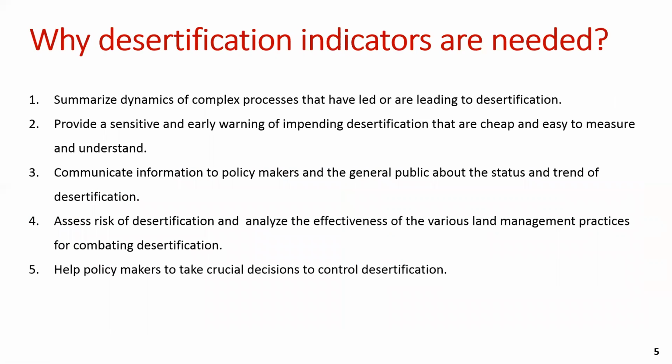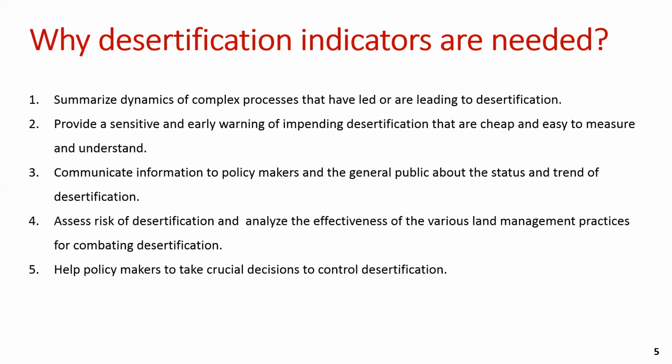Now, why do you think these indicators are really needed? Why do we need them? If you think about it, the indicators can help us break down the complexity of desertification. In the previous lecture, we saw that there are different causes of desertification, and sometimes it is very difficult to distinguish the main cause of the problem.